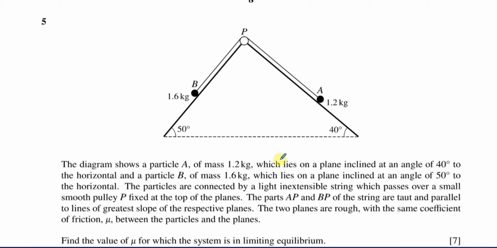The parts AP and BP of the string are taut and parallel to the lines of greatest slope of the respective planes. The two planes are rough, with the same coefficient of friction, mu, between the particles and the planes. Find the value of mu for which the system is in limiting equilibrium.